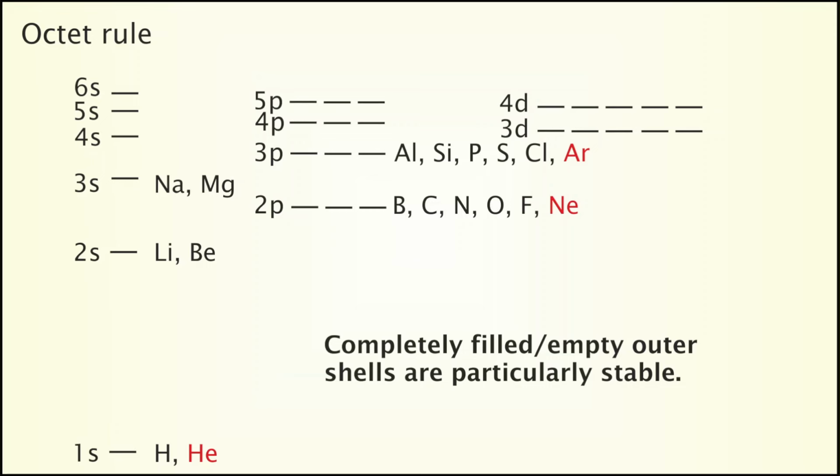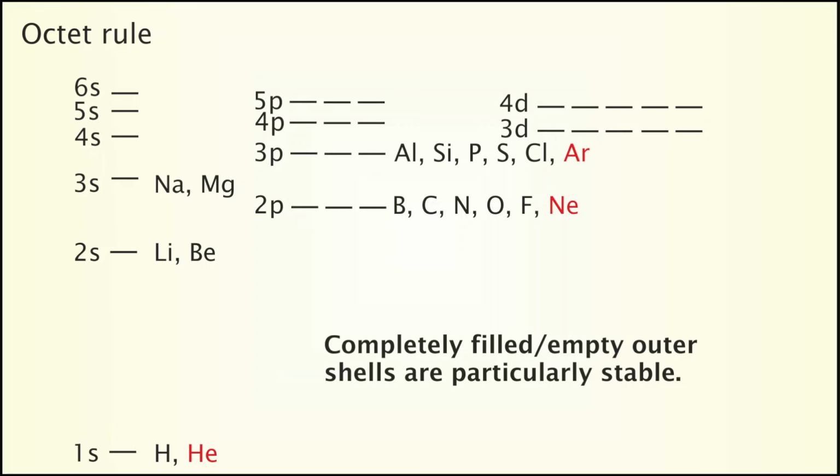So I will give you some examples. For example, if you look at the noble gases, argon, neon, and helium, they all have completely filled outer shells. Helium has filled the 1s orbital. In the case of neon, the 2p orbitals are filled, so the second shell is completely filled. In the case of argon, the 3p orbitals are filled, and it's not precisely the third shell which is filled up, but the 3s and the 3p together.